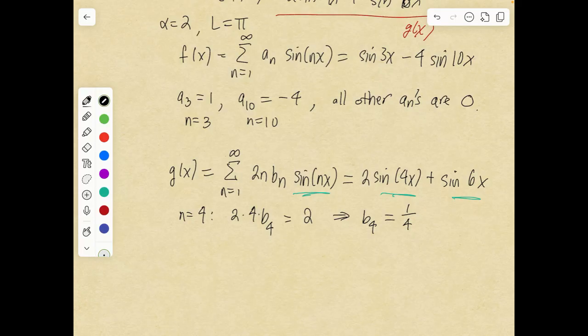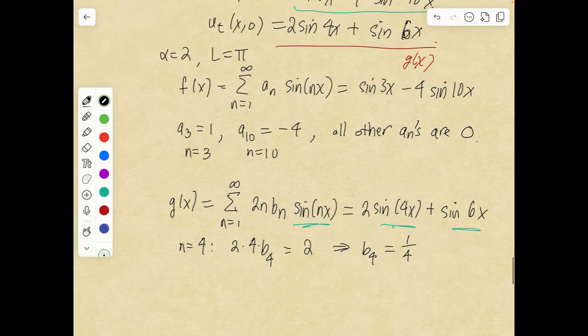That's n equals 4. When you look at n equals 4, you get 2n b sub n. That's 2 times 4 times b sub 4 equals 2. So that's going to give us that b4 is equal to 1/4.